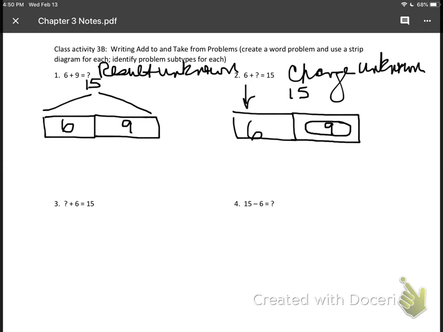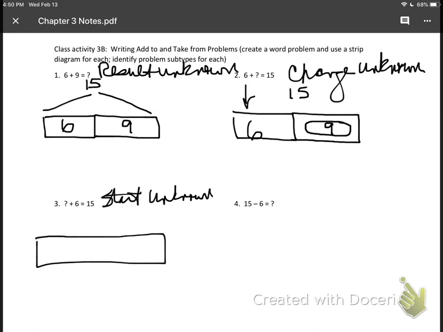Okay, this third problem, you have an unknown start. So it's a start unknown problem. So your first box is the unknown. So we're not certain what this is. And so let's say John had some M&Ms and he added 6 more to his package of M&Ms.